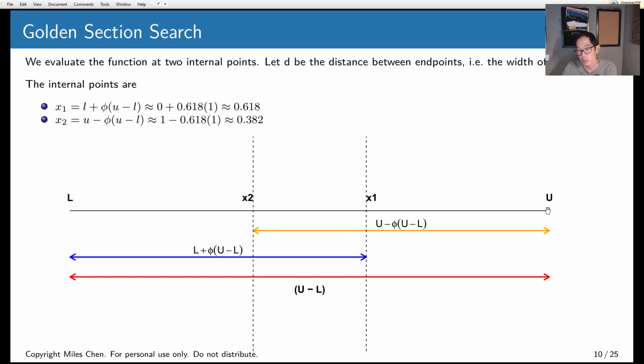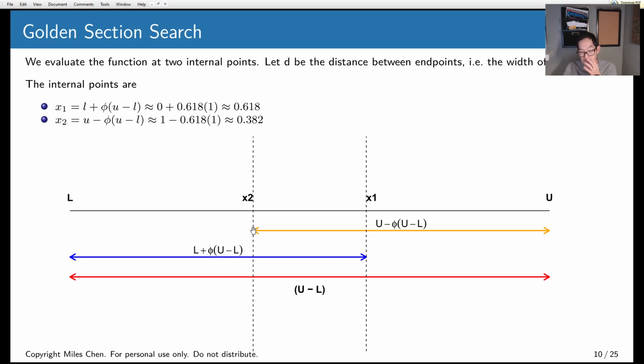And I'm going to go 0.618 of the way from the upper bound down to the lower bound. So basically this location x1 is going to be the lower bound plus 0.618 times the difference between u and l. And then this location over here is going to be the upper bound minus 0.618 times the distance between u and l. Okay?